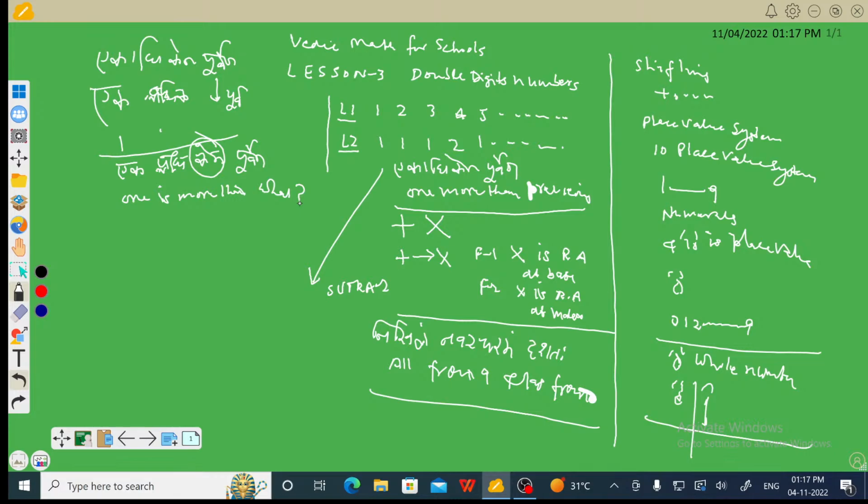So 1 is more than what? The answer comes: 0. So the text Ekadhikena Purvena has a question that 1 is more than what, and the answer is 0.